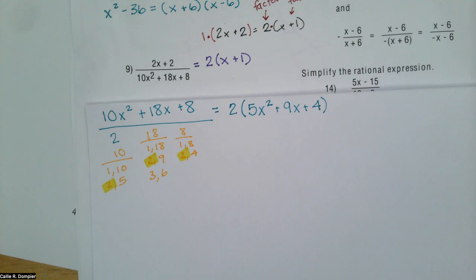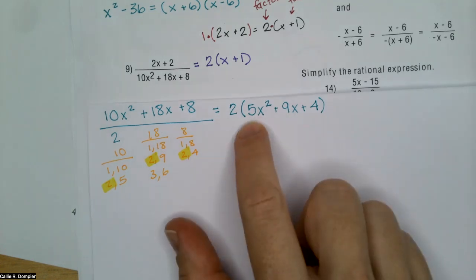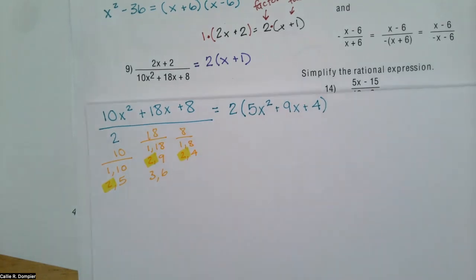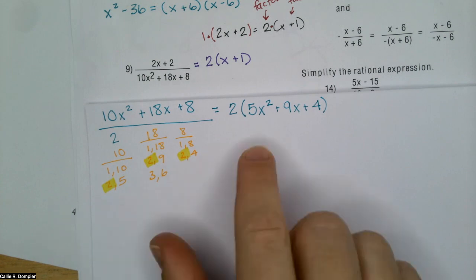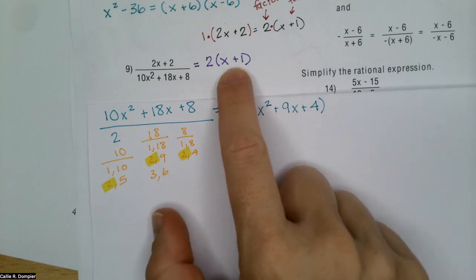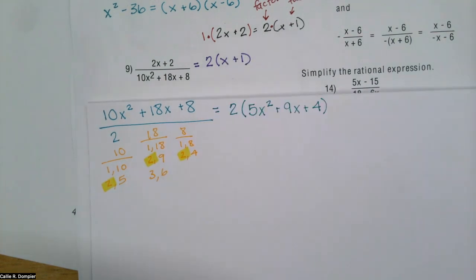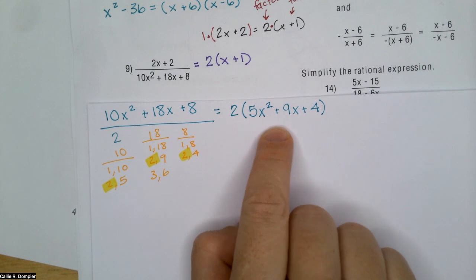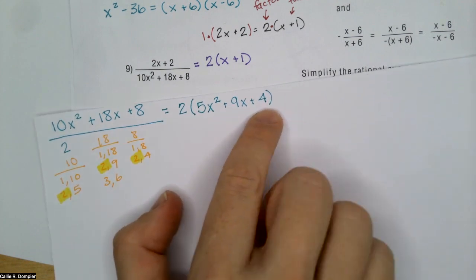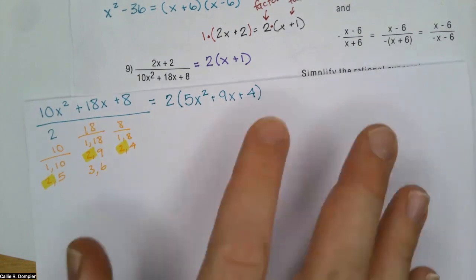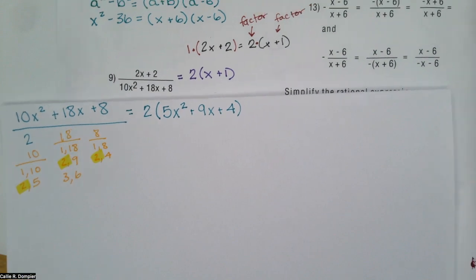All right. So, maybe we don't even have to put 5x squared plus 9x plus 4 into factored form, because we're just factoring out what we can. No, we should, because there might be an x plus 1. Okay. So we know we can factor out the 2, and then for the 5x squared plus 9x plus 4, you want to go back to the factoring that we were doing in the last unit.